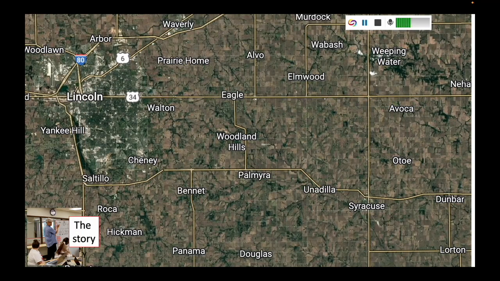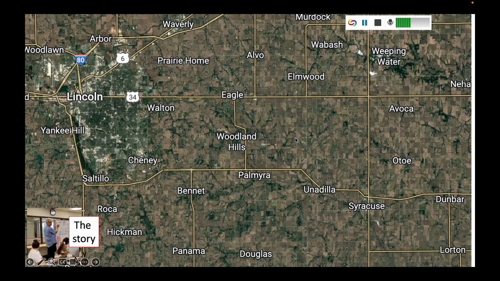I'm going to start with the story that is the center focus of our time together. Here is a little satellite shot of the world where I live, in the forest of Lincoln, Nebraska, surrounded by the tall grass prairies that are now converted into farms.